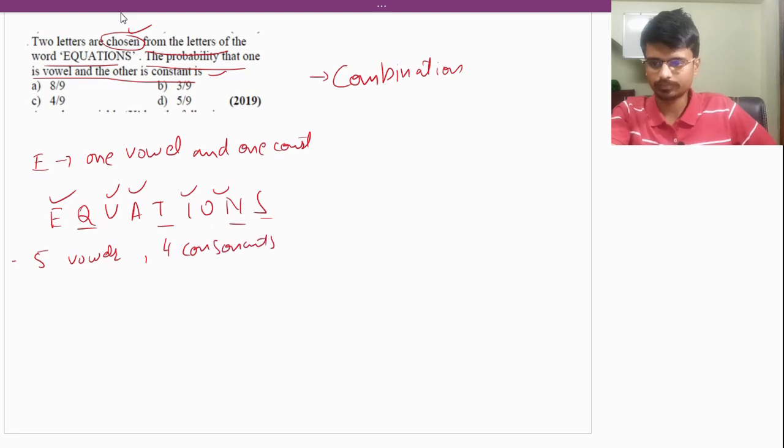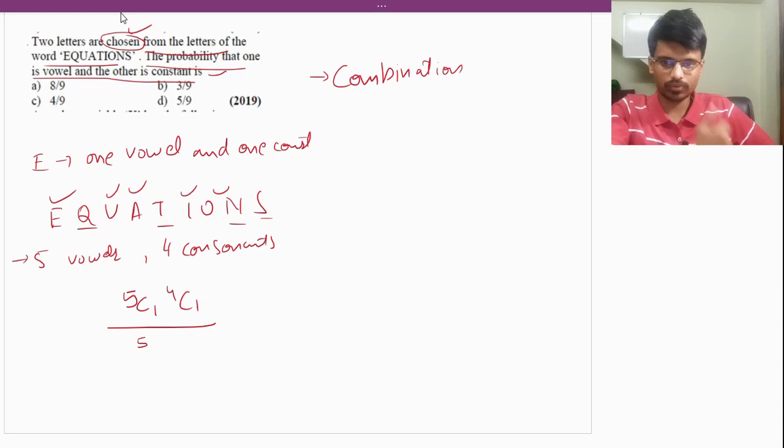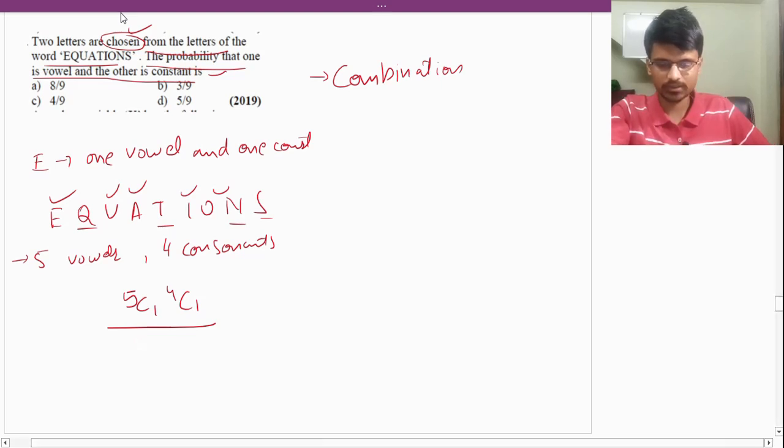For one vowel and one consonant, my numerator will be 5C1 times 4C1. And my denominator will be, out of 11 letters, I am choosing two letters, 11C2.